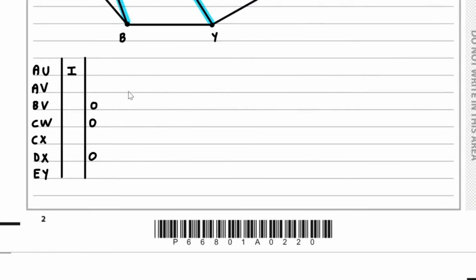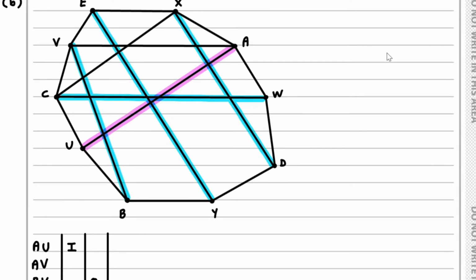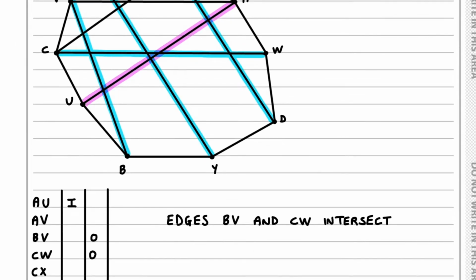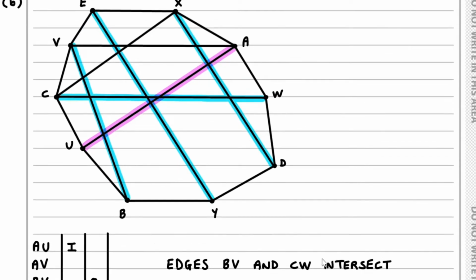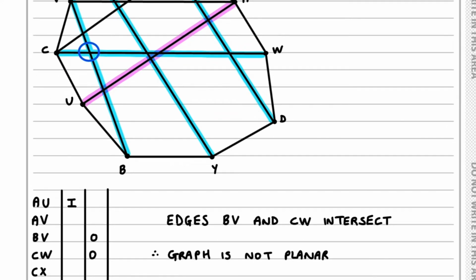So we label EY with an O. Now, what you will notice is the edges BV and CW intersect. And because those intersect, we can therefore conclude that the graph is not planar. So, because the edges intersect here, we can conclude the graph is not planar.